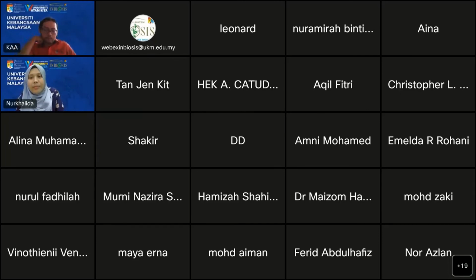Right. For the Vigna tribulata studies, the idea was to obtain the metabolites that contribute to this phytotoxicity activity. In this case, we tested inhibition of seed germination, and inhibition of the shoot and root length of the seed that we use as our target. So we use so-called chemometrics.